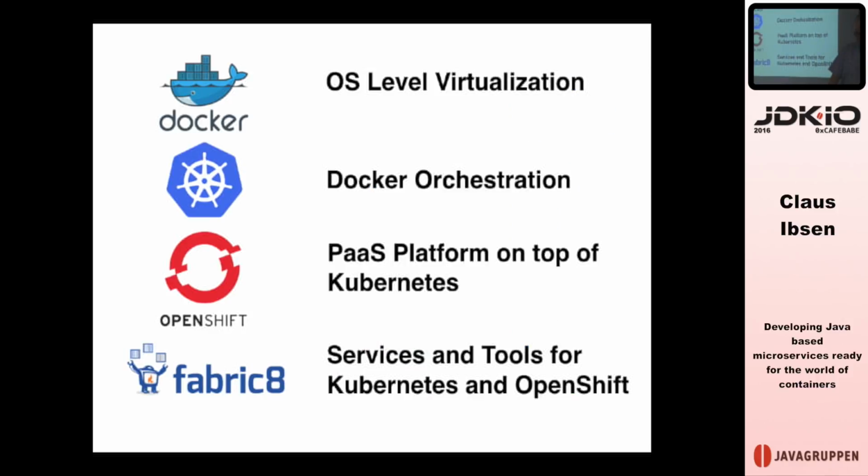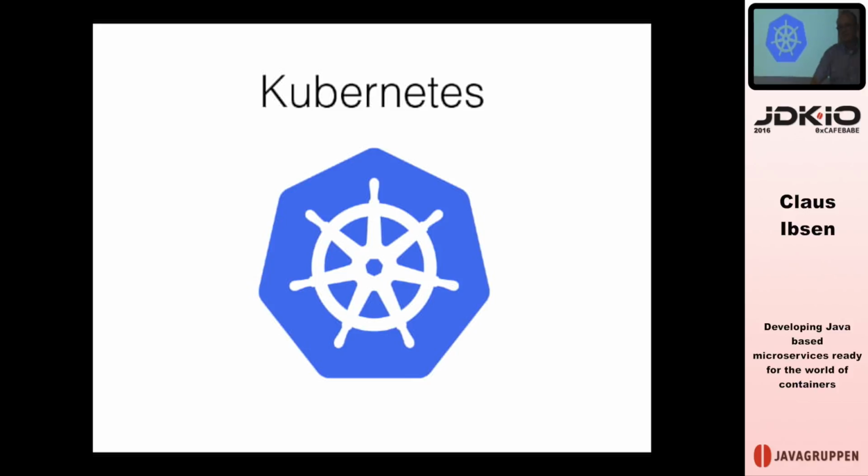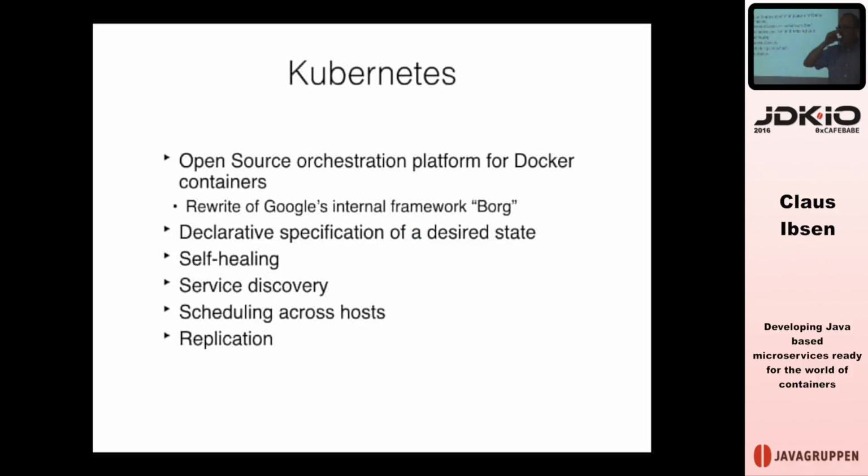Okay, so I talked about this one, Kubernetes, and already said it is Google Kubernetes. Even though Docker has made containers quite famous, it's not a new technology that they invented or a new technology that just got on the scene. It's actually something that has been around for decades.